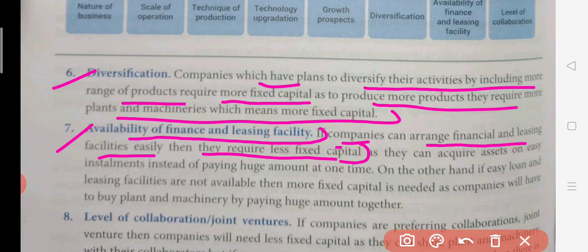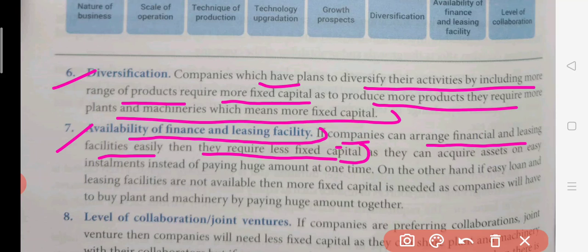Then what is the need of doing all this fixed investment when you can easily lease that machinery, or you can take any machinery for a long time period on rent. Basically, leasing is a kind of facility wherein you can pay a lump sum amount and take a machine on lease. It is just like renting out a machine, and you can use that machine for a very long time period.